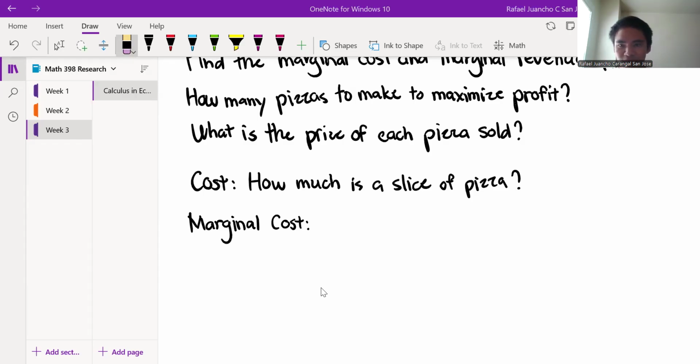So in other words, let me just look up a formal definition in Econ. It's the change in total production cost that comes from producing one additional unit of a good or service. So it's an incremental cost with increasing output by a small amount. So I'm just going to say it's the change in production cost.